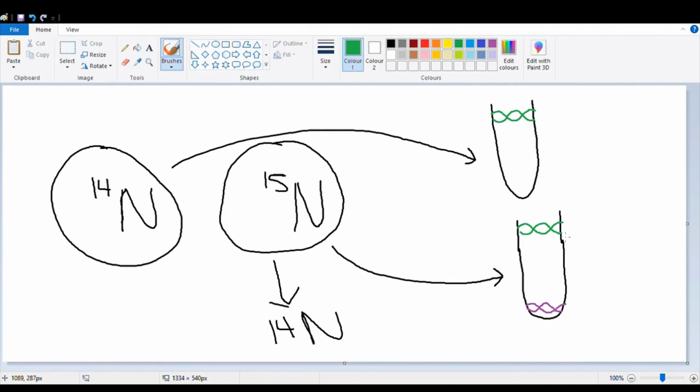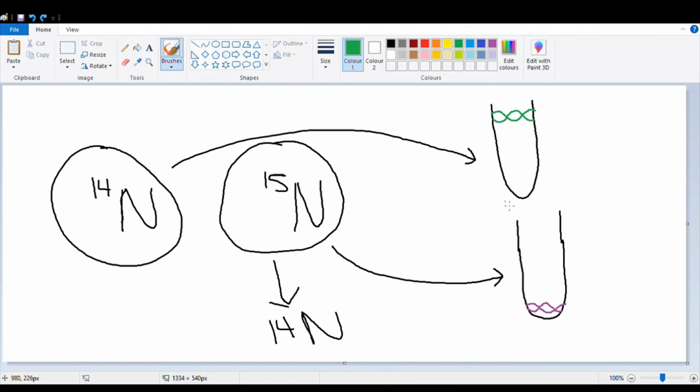And this is because if we think back to our example of conservative replication, we know that the original DNA molecule is conserved completely, meaning that the DNA that contains our heavy nitrogen will be conserved completely and will form a completely separate band, and that our new DNA molecule will contain only 14N nitrogen and will therefore be of a lighter density and form a band near the top of the test tube.